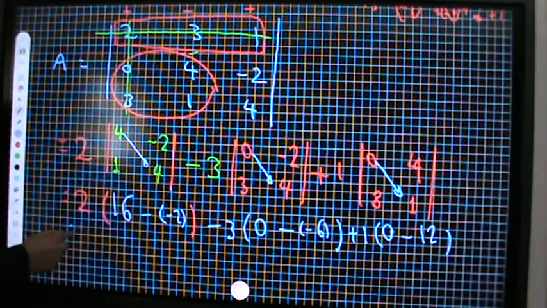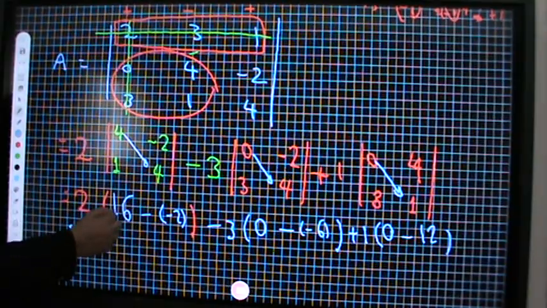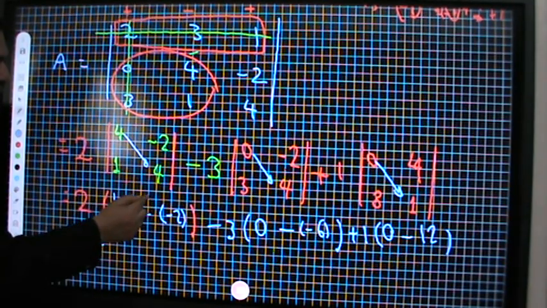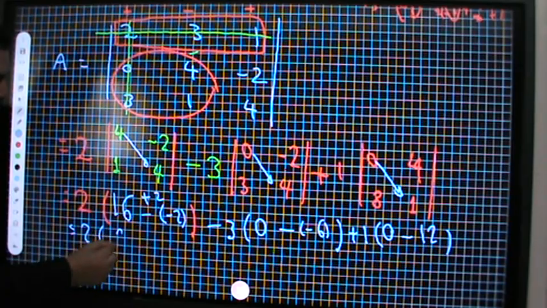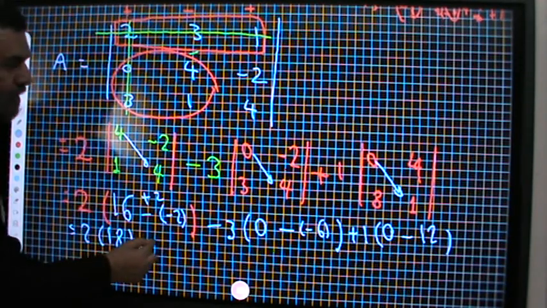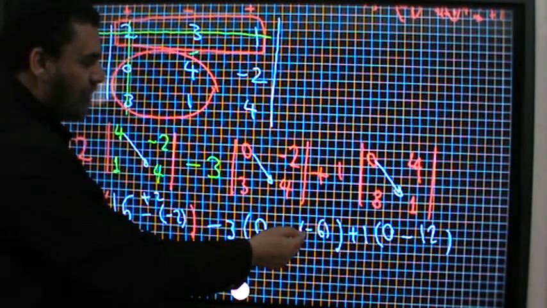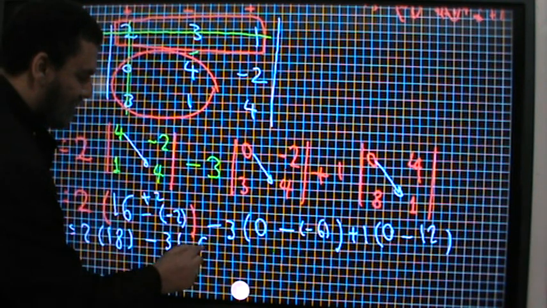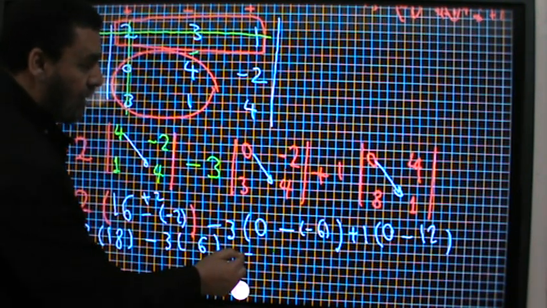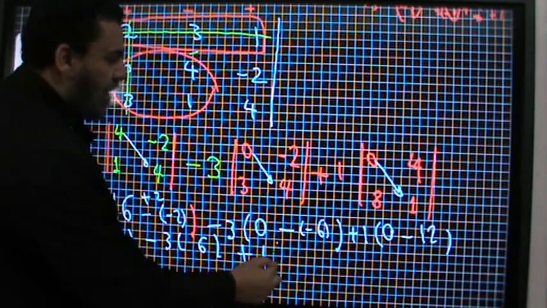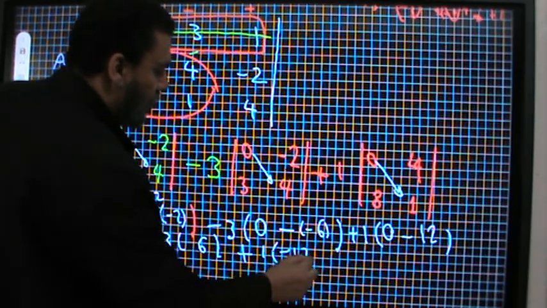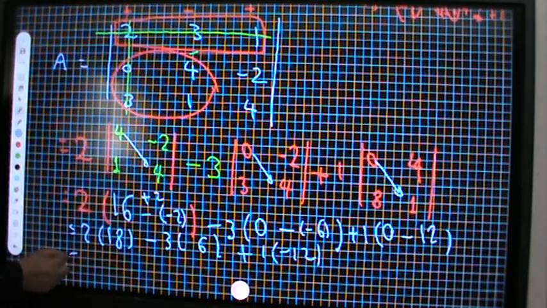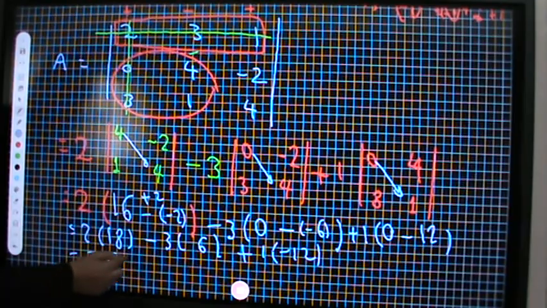Then evaluate each one. 2 times 16 minus negative 2, it will be plus 2. Then it will be 18. 0 minus negative 6, negative by negative will be positive, then it will be negative 3 times 6. Plus 1 times 0 minus 12, it will be negative 12. 2 times 18, it will be 36.